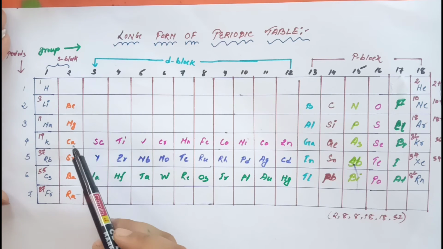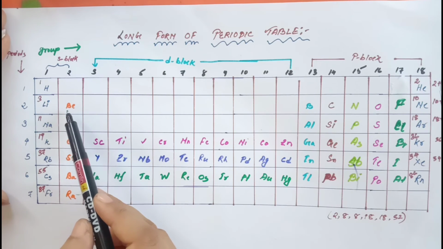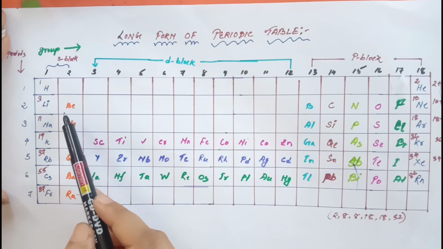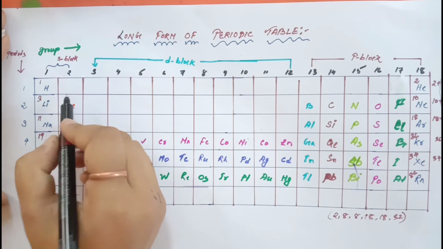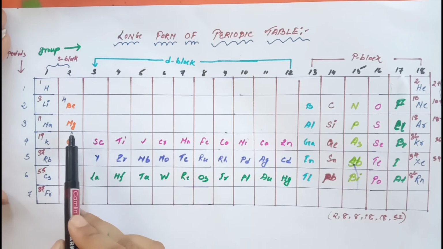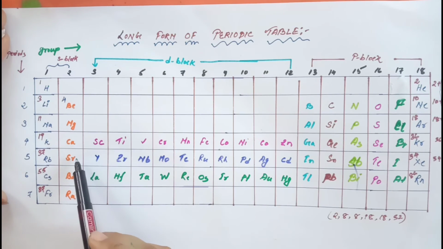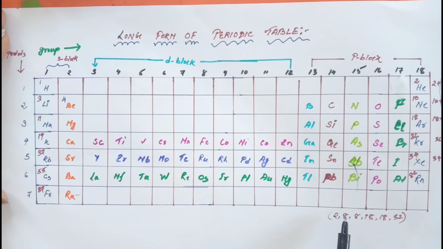Again, in case of second group elements, the first element starts from the second period. So if we know the atomic number of beryllium, that is 4, we can count the atomic number of other elements by using the magic number rule.